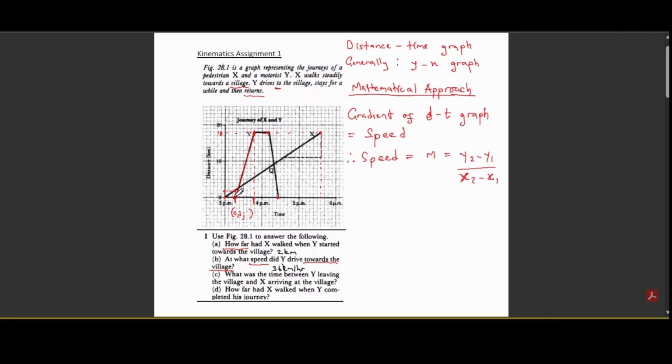That is x. What is y at this point? Y is 0. Let me highlight this point in another color. It is one of the any 2 points on the line representing the speed of the drive towards the village.